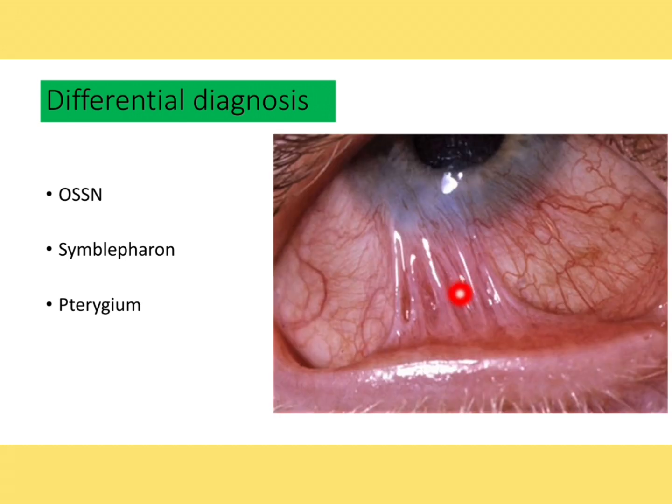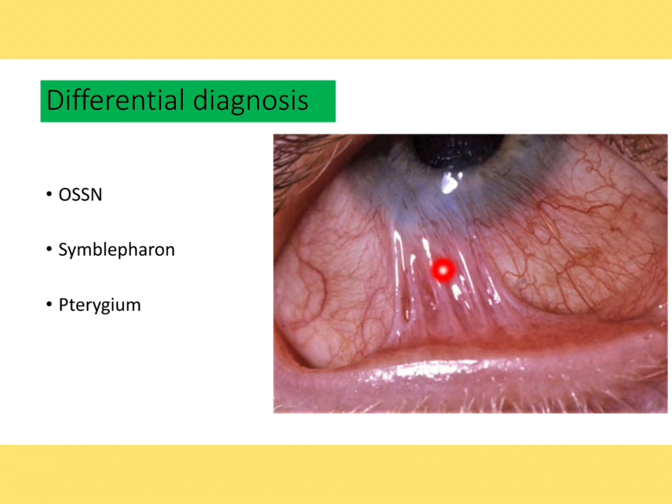This is symblepharon. So symblepharon forms when there is ocular surface keratinization because of surface dryness or anything such kind of thing, or chemical injury, then the bulbar conjunctiva and palpebral conjunctiva get attached to each other, and that is forming the symblepharon. Okay, so symblepharon is the adhesion between bulbar conjunctiva and palpebral conjunctiva.